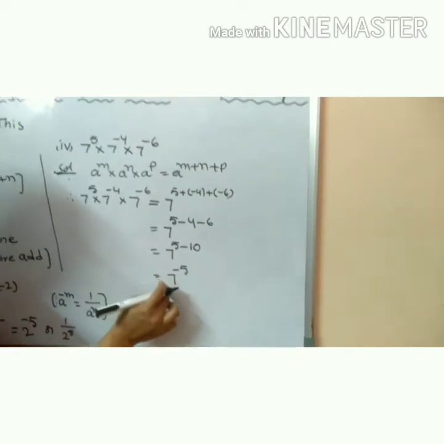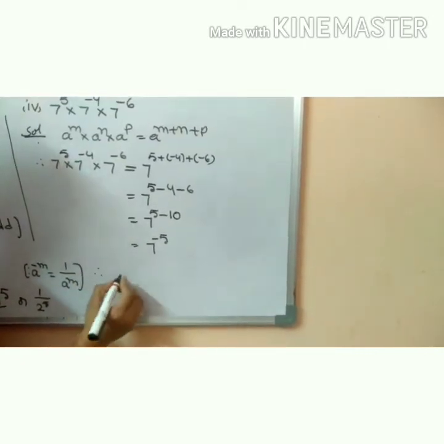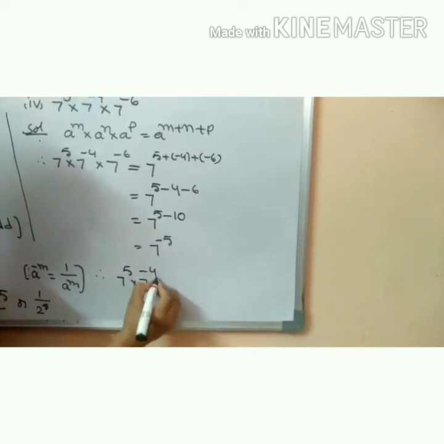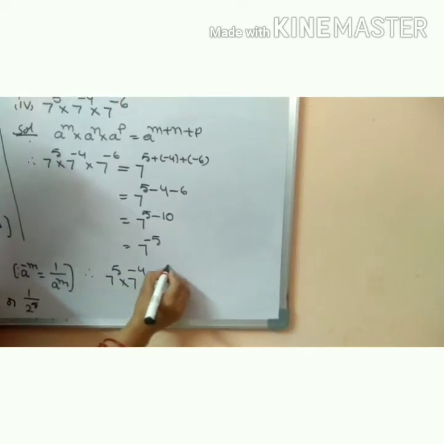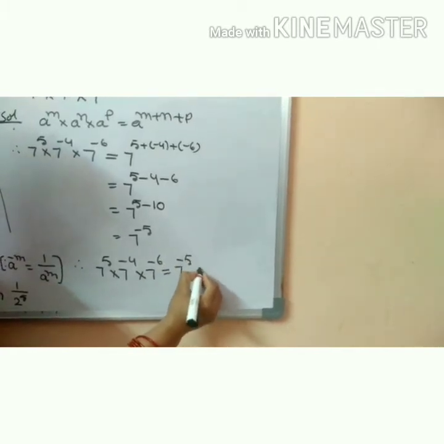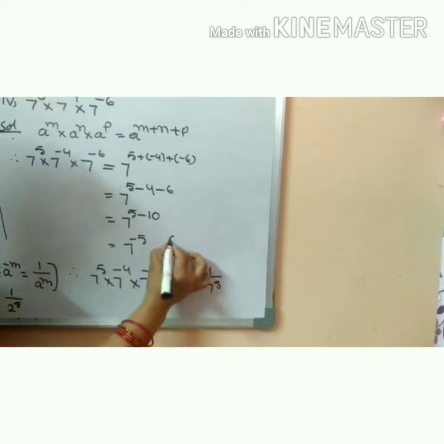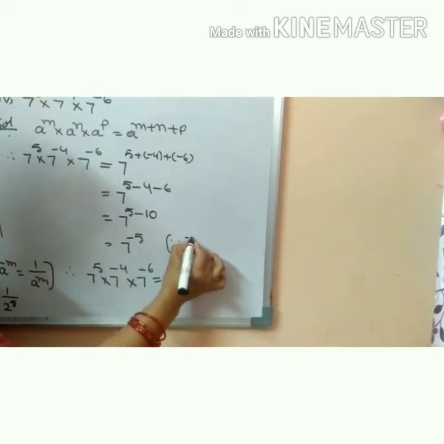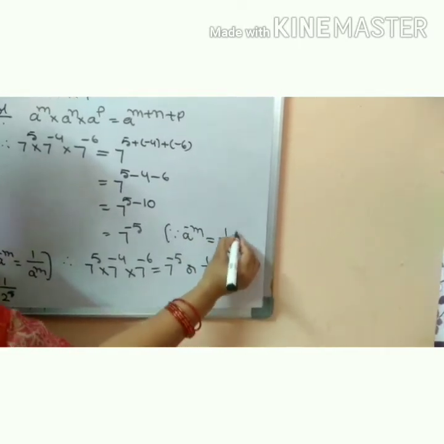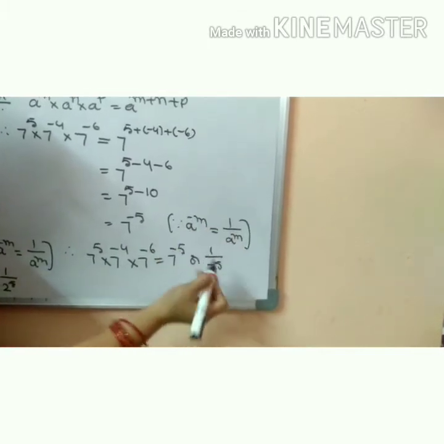So therefore 7 power minus 5. Therefore 7 power 5 into 7 power minus 4 into 7 power minus 6 equals 7 power minus 5, or 1 by 7 power 5, by using the a power minus m formula, 1 by a power m.